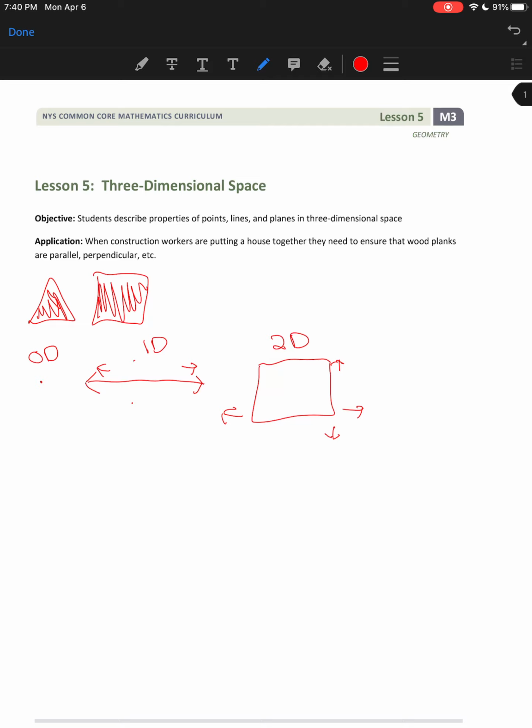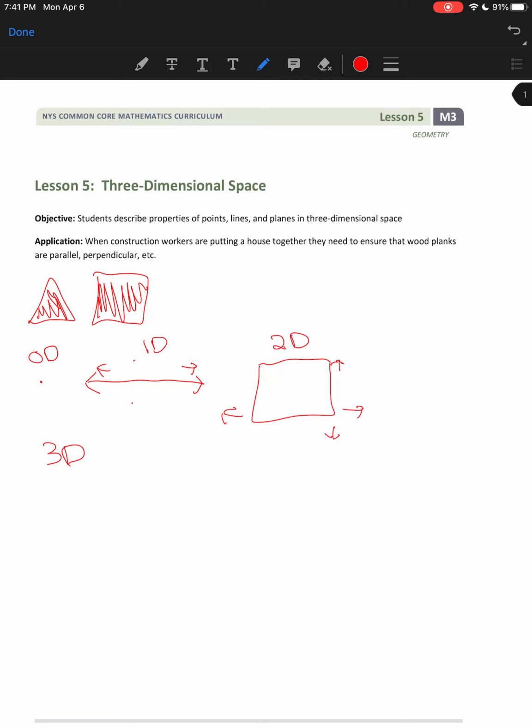So now a three-dimensional object is basically just anything you would encounter in real life. So, the pencil you're holding is in 3 dimensions, right? So if you imagine, say, a cube, right?